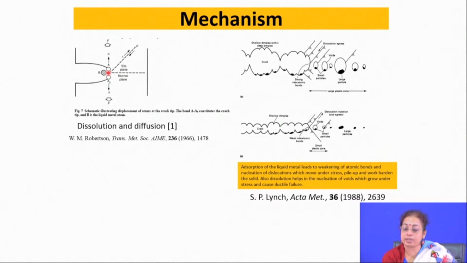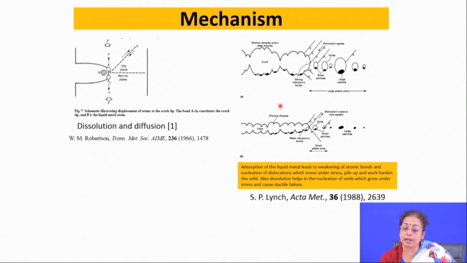Another mechanism is adsorption of the liquid metal at the crack tip, and nucleation of dislocations, then pile up and work hardening; all these phenomena are observed. Here in this case there is no liquid metal, and on the other hand here it is liquid metal assisted degradation.